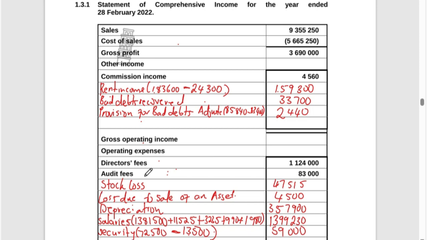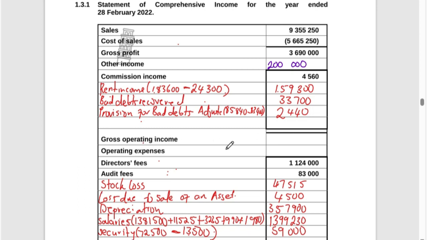We are adding everything: plus our rent income of 159,300, plus bad debts recovered of 333,700, plus our provision for bad debts of 2,440, and our other incomes is given as 200,000.